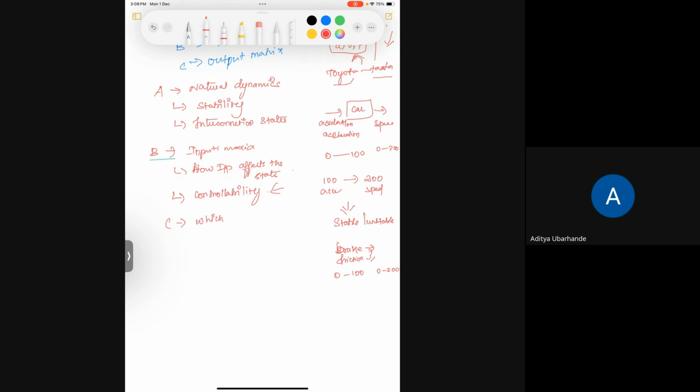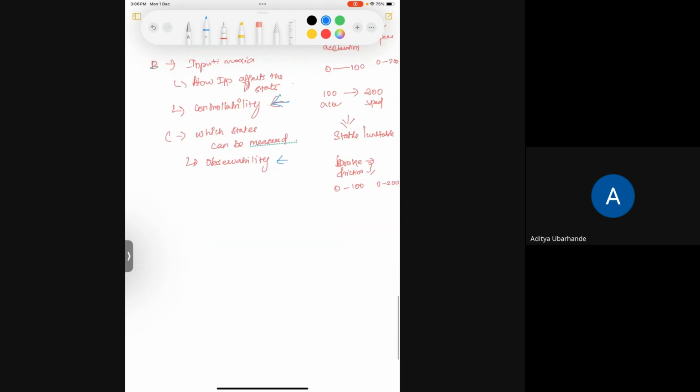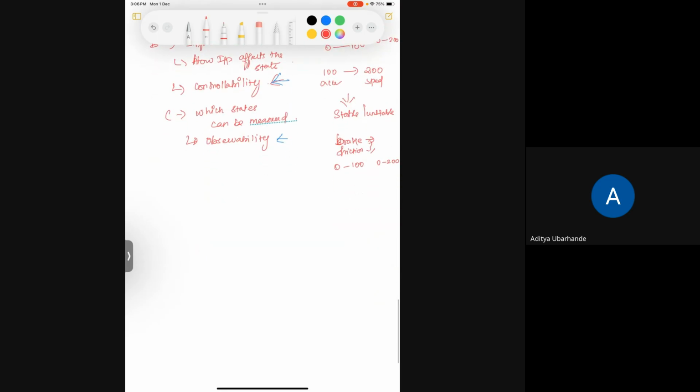In depth, we want to know which states of the system can be measured or unmeasured. That can be done using this C matrix, and this helps us in observability. Again, this is a keyword that we are going to study in later concepts. If you want to study this, we first want to know what the state space is. That's what we are doing right now.